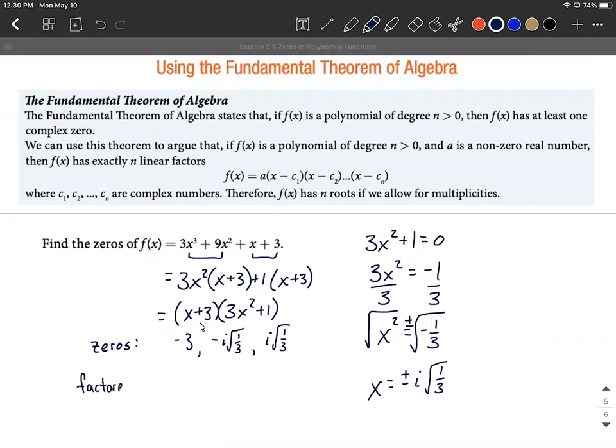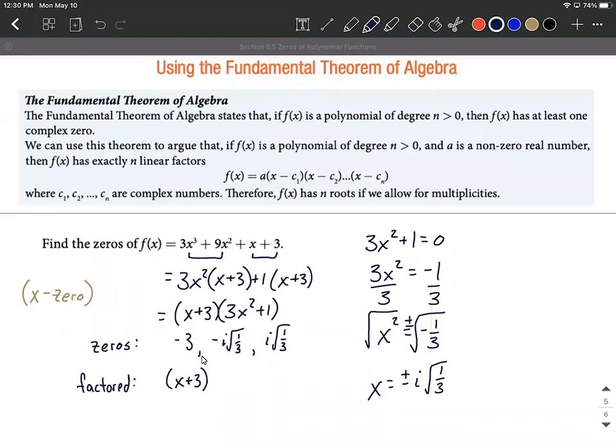There is a trick to it though. All right, for our factors, well, the first one should be pretty obvious. The x plus 3 goes hand in hand with this zero. And then for the rest of these, just be careful that if you know a zero, you can always create a factor as x minus whatever the zero is.